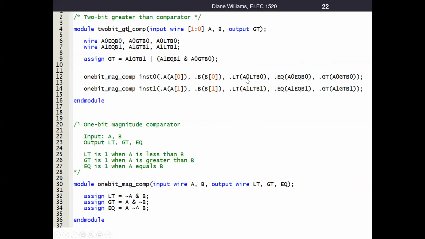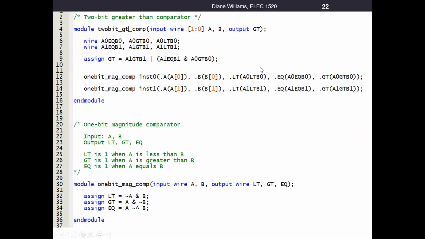Since we're comparing A0 and B0, I named the signals accordingly. These output signals will be a 1 whenever A0 is less than B0, a 1 whenever A0 is equal to B0, and a 1 whenever A0 is greater than B0.